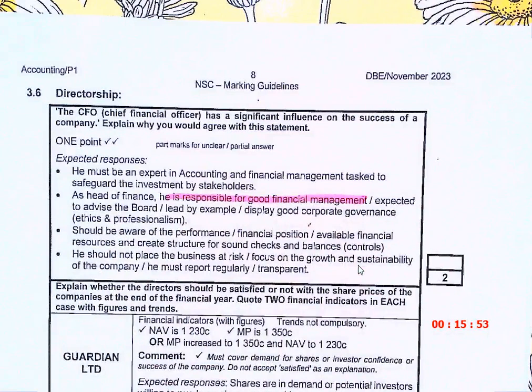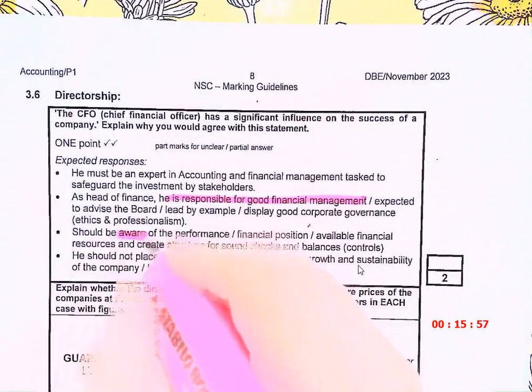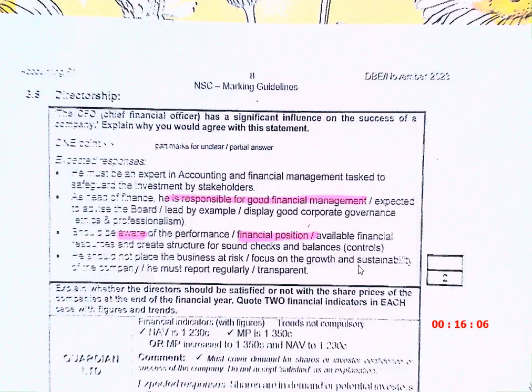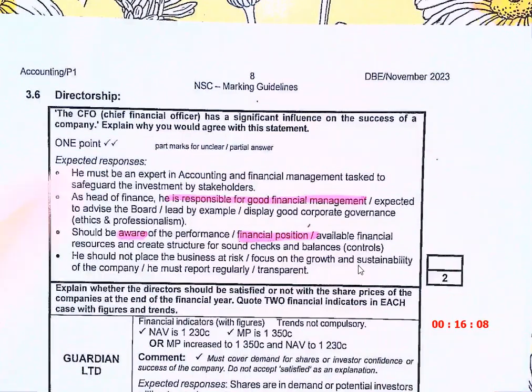He should be aware of the financial position or the financial resources. Basically, if you look at this one, it's 1 point, 2 ticks. And I can tell you this will be marked leniently. So if you just say he's responsible to sign off on all financial matters, 2 ticks. Right. Next one.